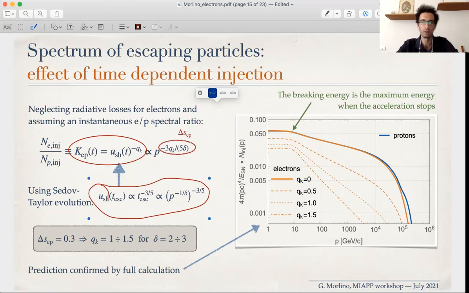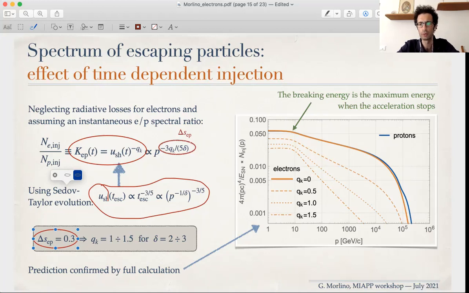And for a delta S equals 0.3, which is the difference between proton and electron spectra inferred from data, this implies that Q has to be something of the order of 1, assuming that delta is of the order of 2, 3.